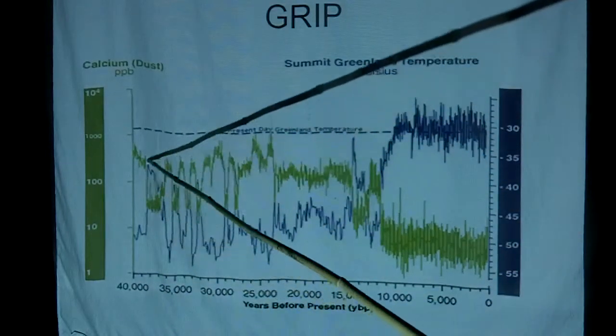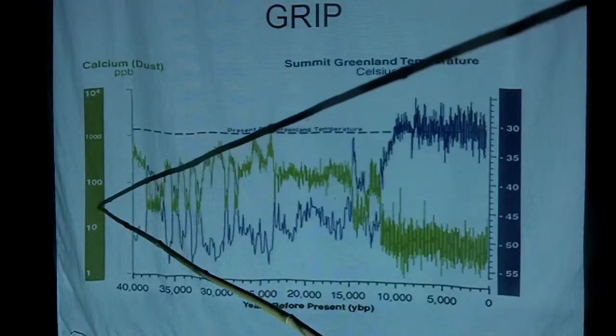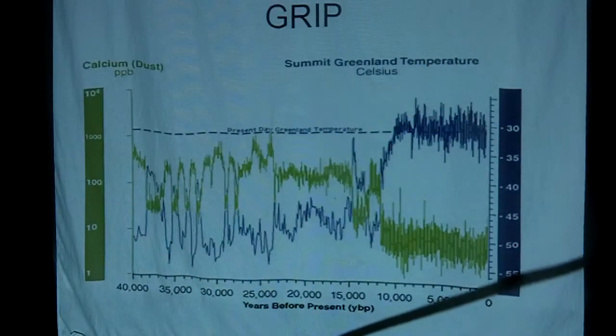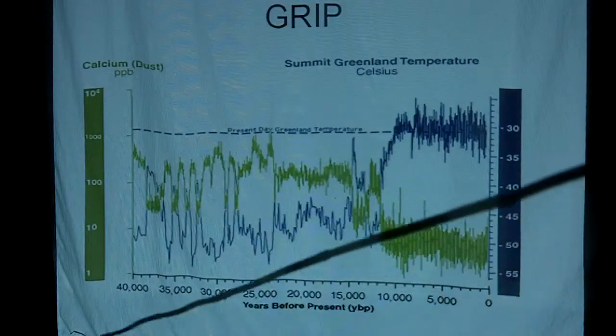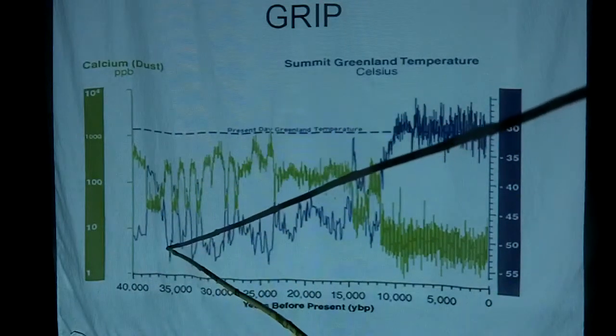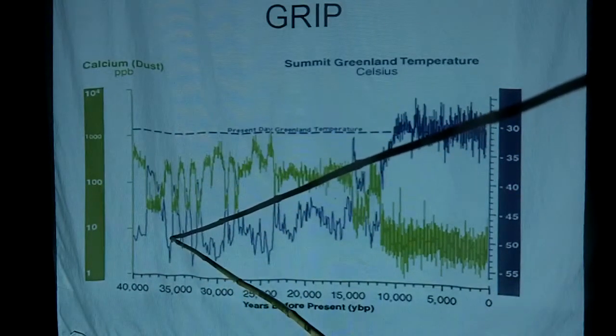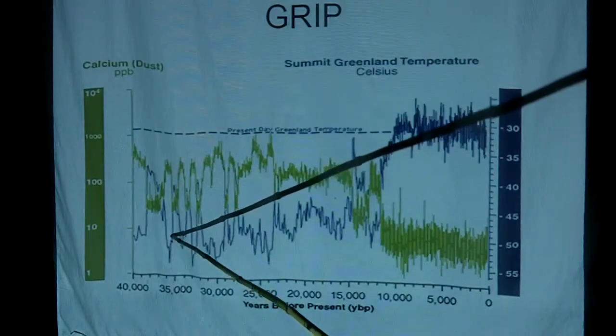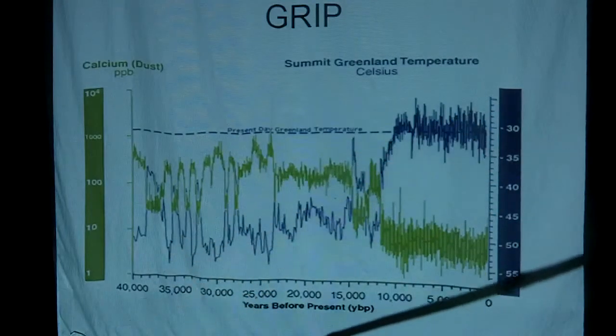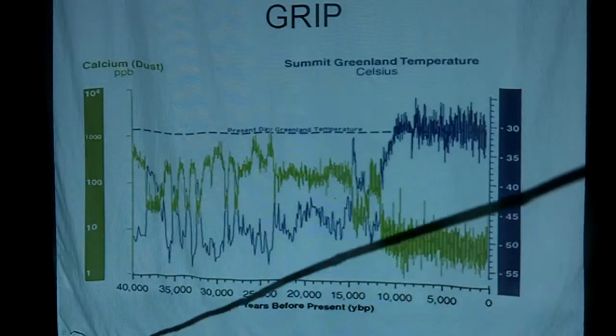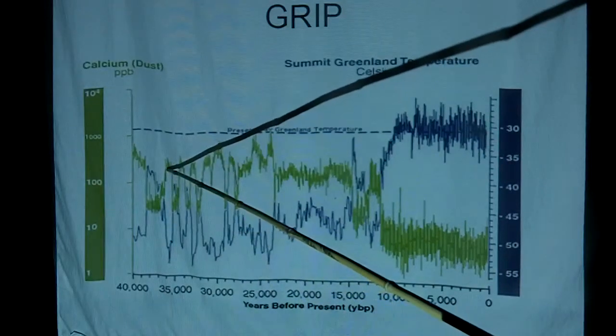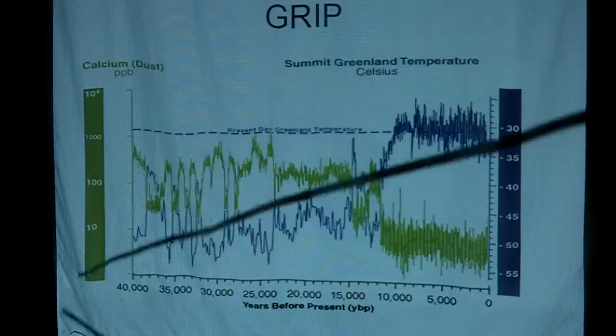And then when it warms up here, it goes down to maybe 30 or 40 ppb. And then when it dips back down here for this sudden cold snap, which lasted about 1,000 years, the calcium is back up to around 500.